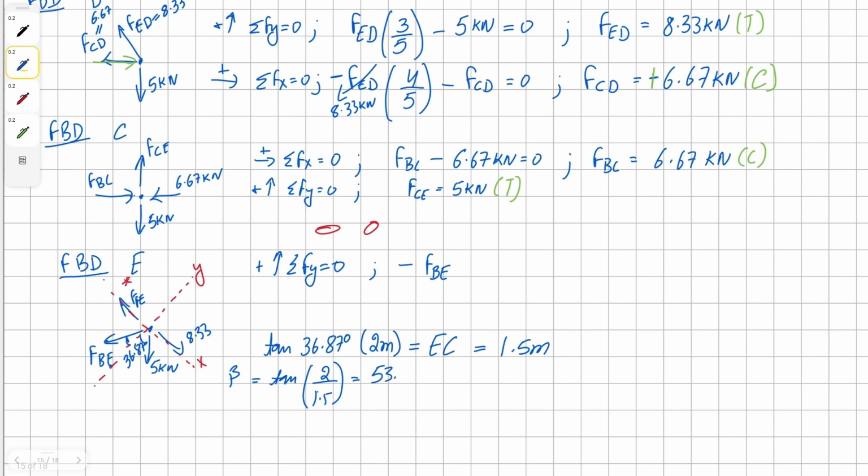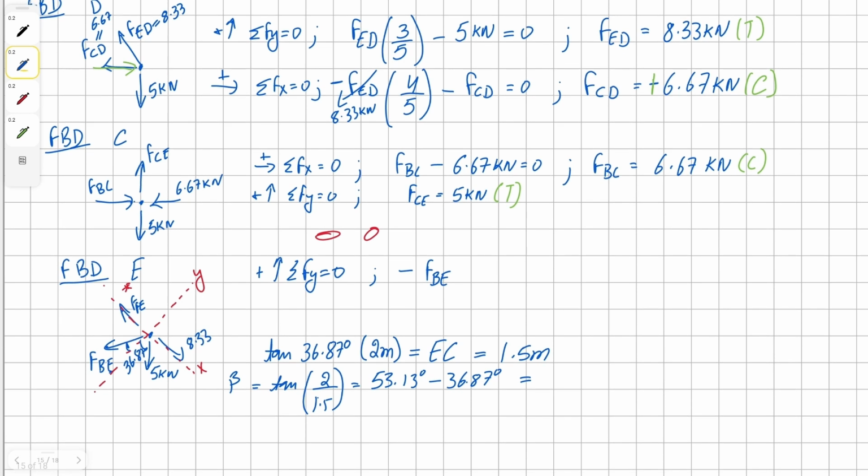Our angle beta is 53.13 degrees. This means, since we have tilted our x and y axis by 36.87 degrees, our angle between the new y axis and the vector is 16.26 degrees.